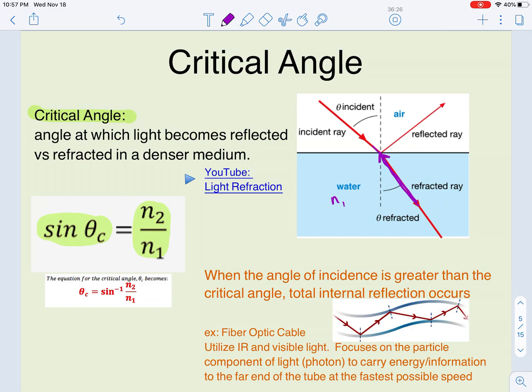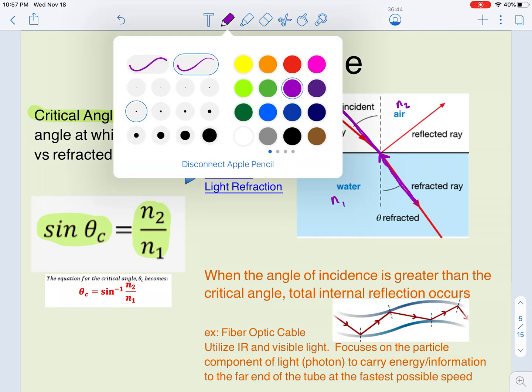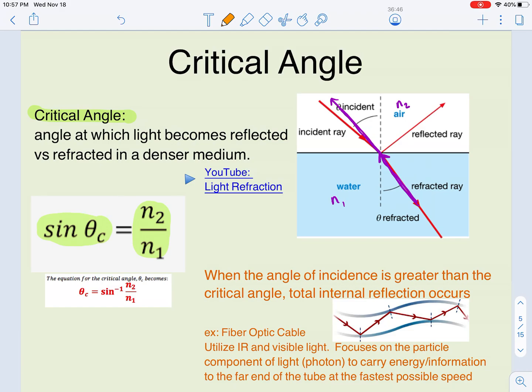So the light would be shining out, right? So this is the path that it would follow. So if the light is not bent, then it would follow this path. And so my air would be n2 in this case.